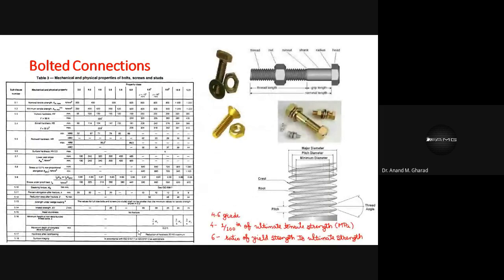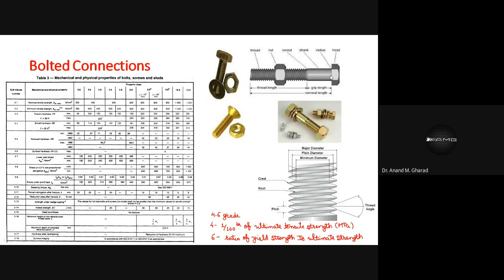Out of that, we will be concentrating more on the black or the turned type of bolts. And now you can see here, this is the picture of the bolt. Are you able to see this figure clearly? And are you able to read the description written?